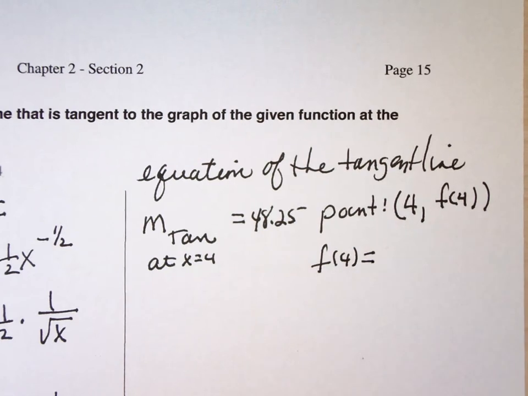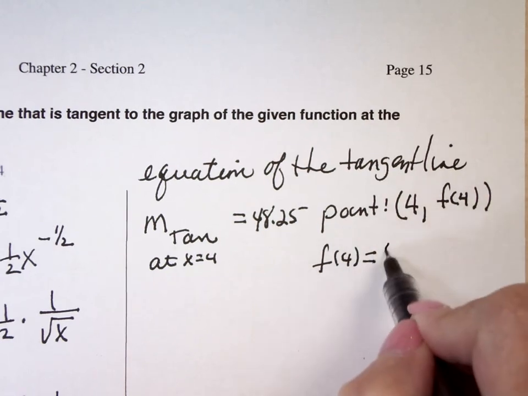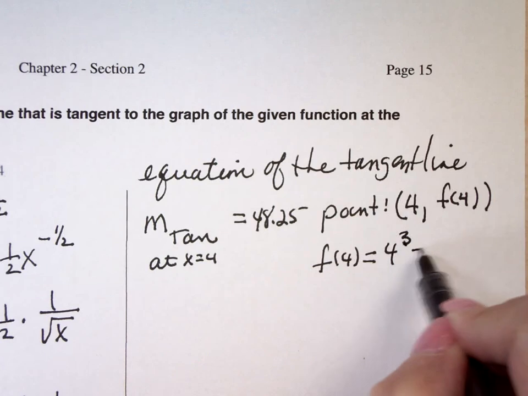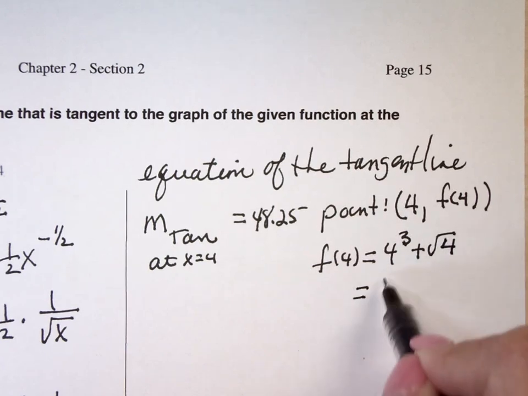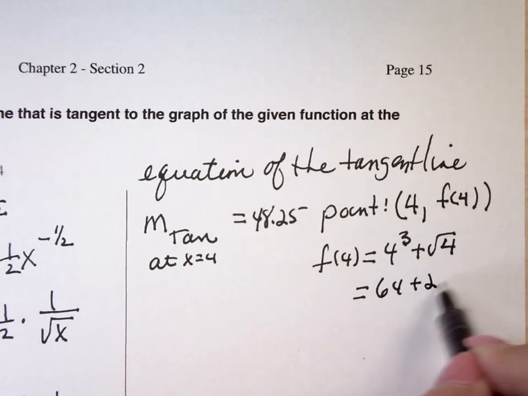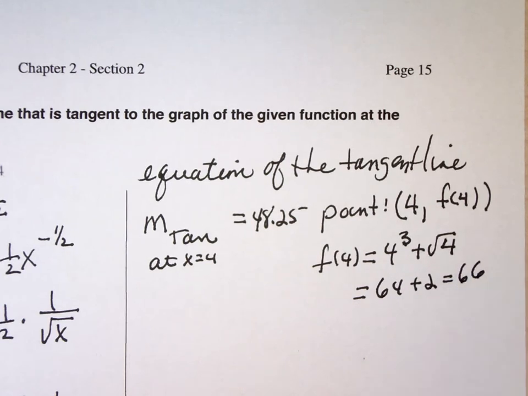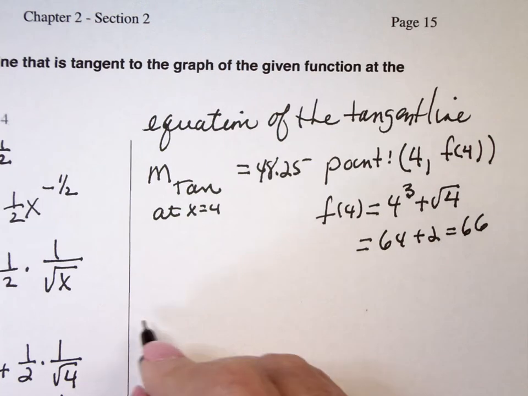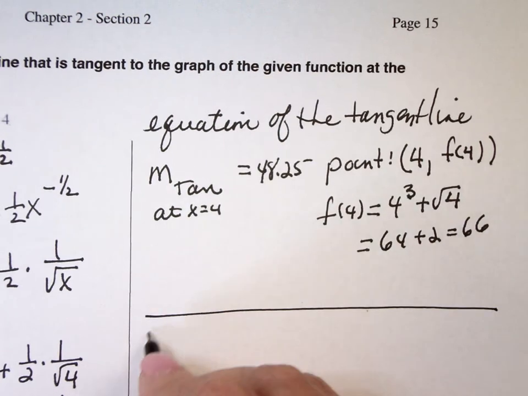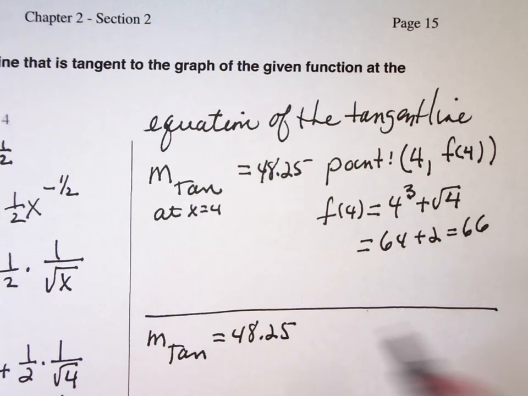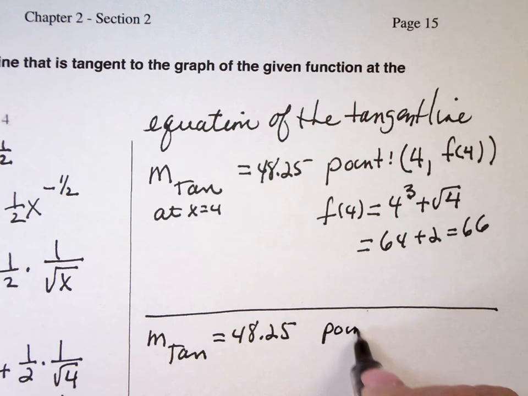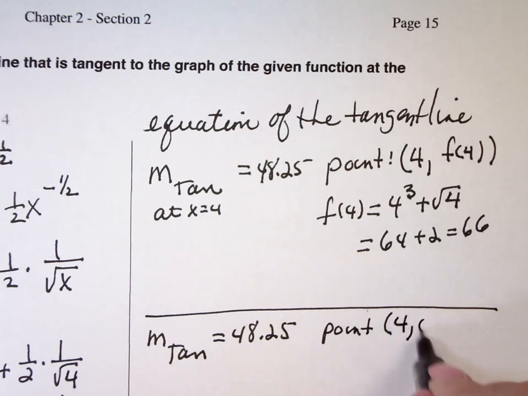F of 4 is 4 cubed plus the square root of 4, which is 64 plus 2, or 66. So now I've got it. The slope of the tangent is 48.25. The point is (4, 66).